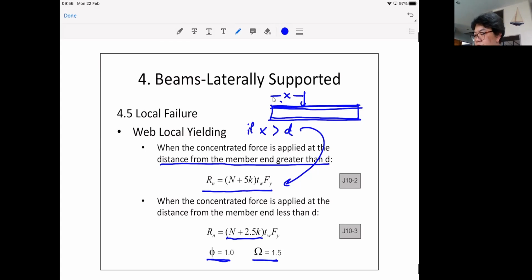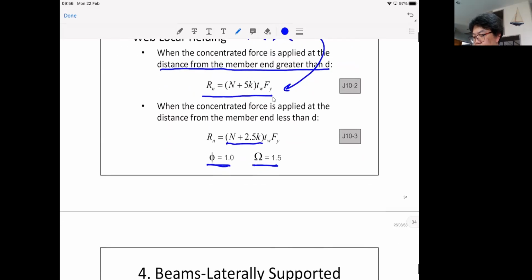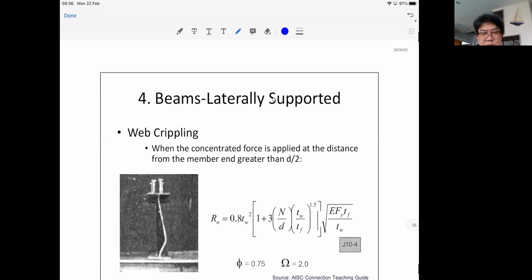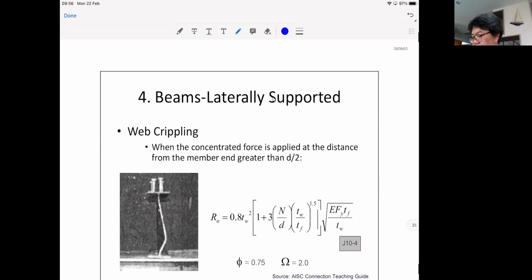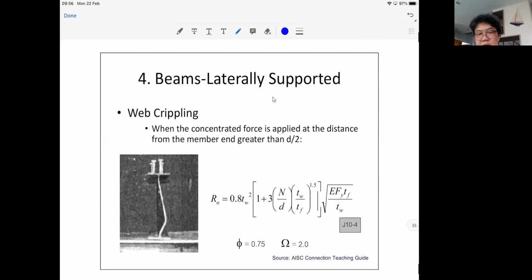Okay, so let's move on to see the next one, which was the main target that they wanted to find out. The second one is called web crippling. Now, web crippling is this, literally.